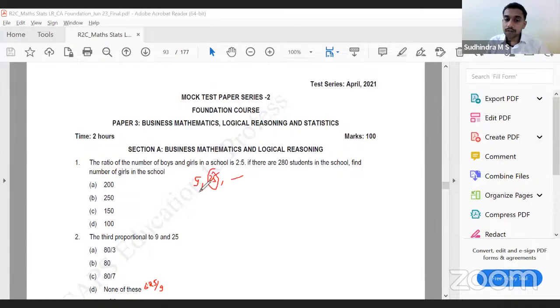So b square is equal to a into c. 25 square equals 9 into c. That is what we have to find out. So c would be 25 square, which is 625, divided by 9. None of these is the right answer. 625 and 9 cannot be further simplified.